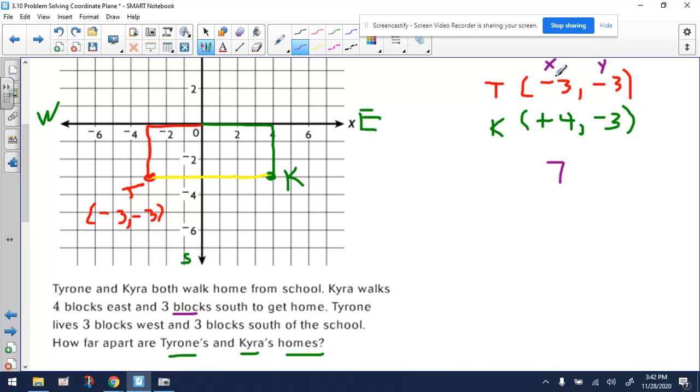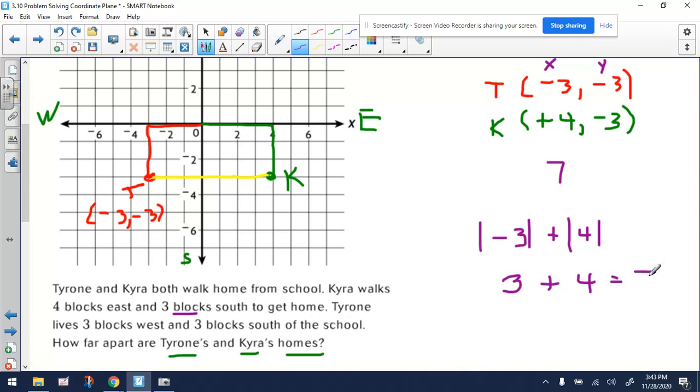And recall that the procedure is to add the absolute value of the x coordinates. So if we think about the absolute value of a -3 plus the absolute value of a 4, then we're really talking about a 3 plus 4, and that gives us 7.